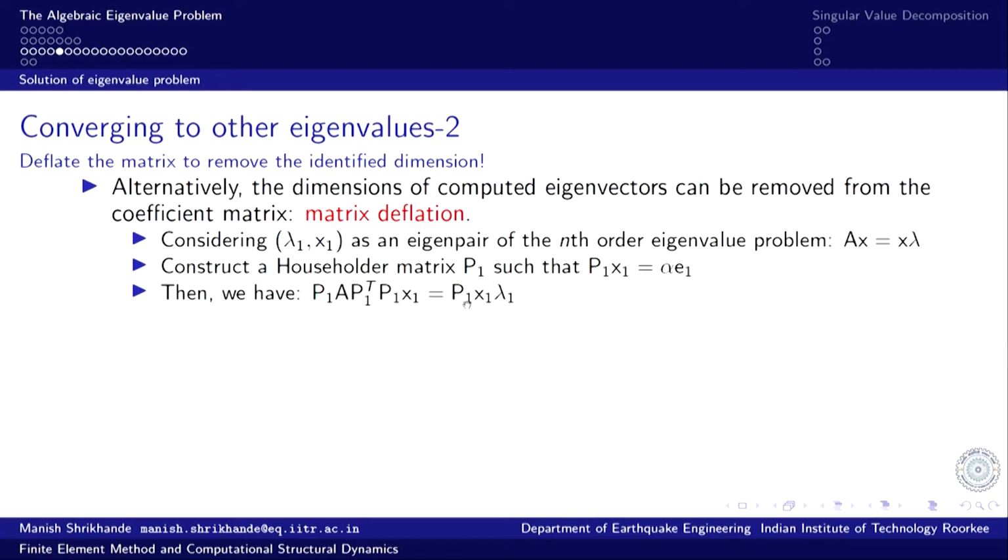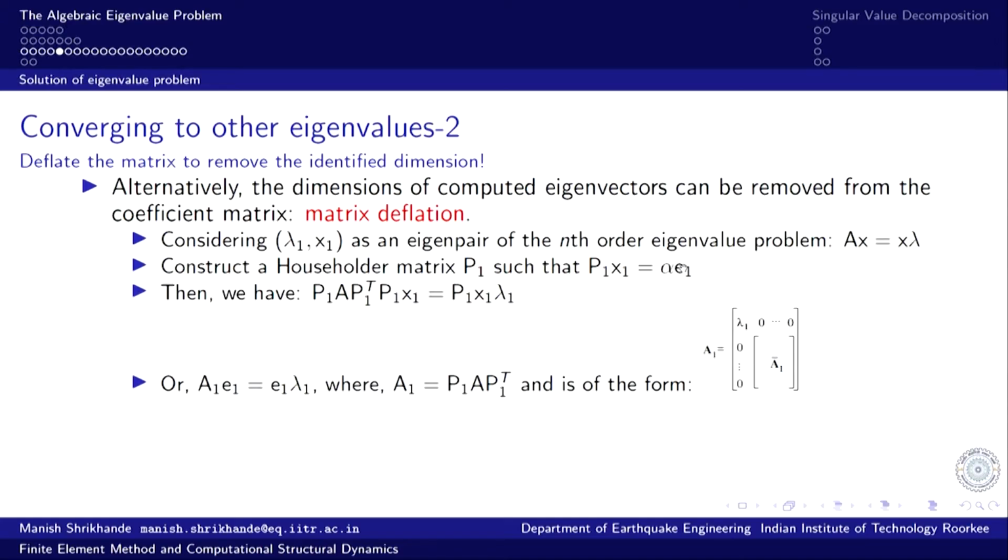P 1 x is the eigenvector of this modified matrix, and lambda 1 is the original eigenvalue. P 1 x is alpha e 1, the Euclidean unit vector.